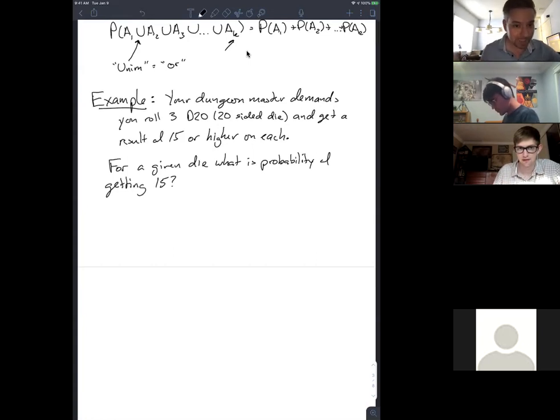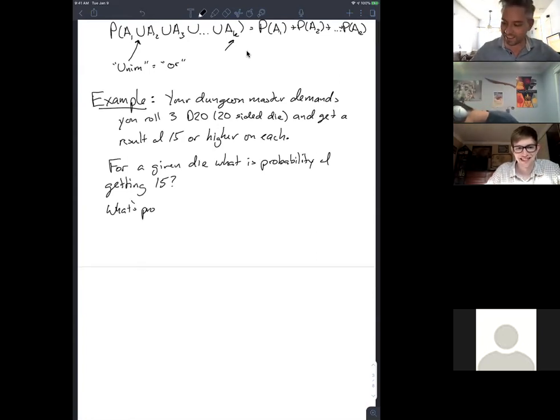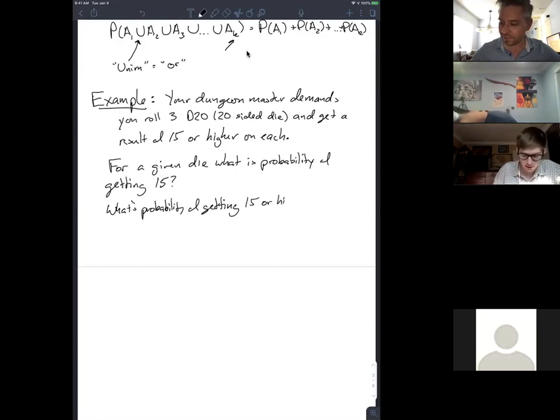So the first question is, what is the probability to get 15? The next question is, what's the probability of getting 15 or higher? Each of these questions is for a given dice roll. And then finally, we want to know what's the probability to get a 15 or higher on all 3 rolls.